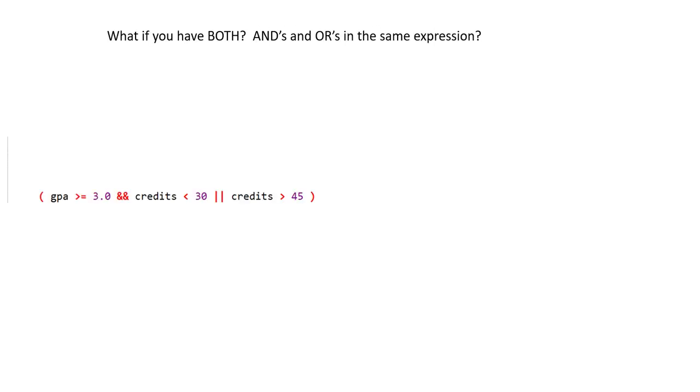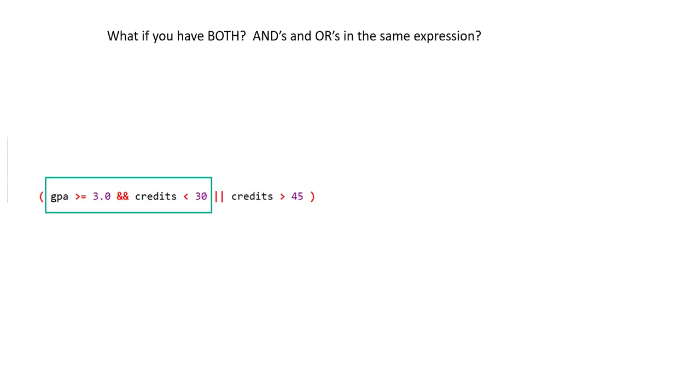All right. There's one more thing we have to talk about. What if you have both ands and ors in the same expression? So you're asking about GPA greater than or equal to 3.0 and credits less than 30 or credits greater than 45. It makes a difference. Right now, the way it sits, the computer will do ands over ors. So it has to match both of those to be true, or credits can be greater than 45.